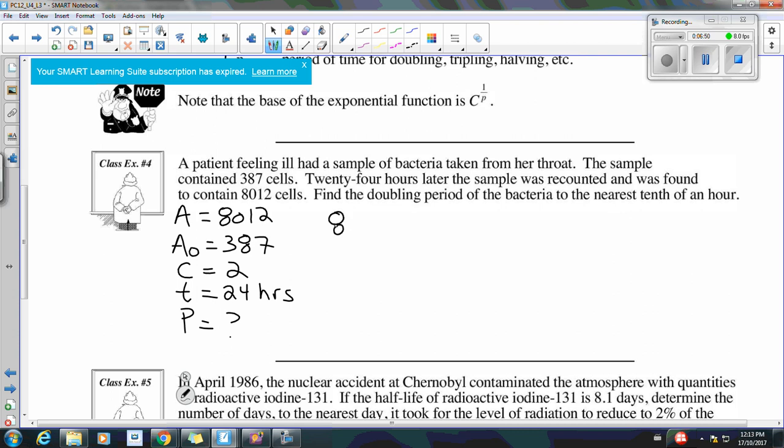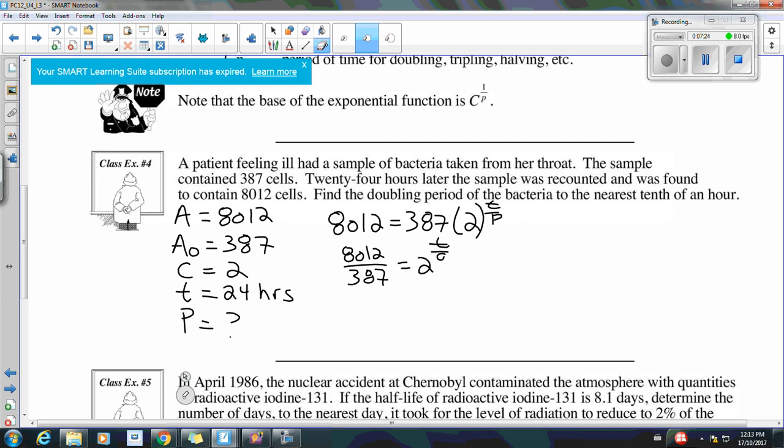So substituting in, we have 8,012 equals 387 times 2 to the power of T over P. The power of T over P represents the number of times something has doubled. So in 24 hours, how many times did this double? That will tell us how long it takes to double. I would start by dividing both sides by 387. Sorry, we know T is 24. Now we can either take the log of both sides or switch forms.